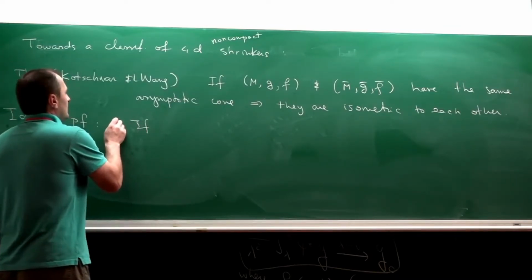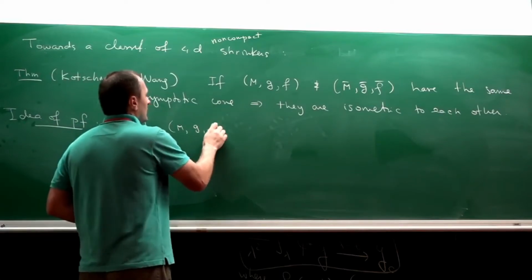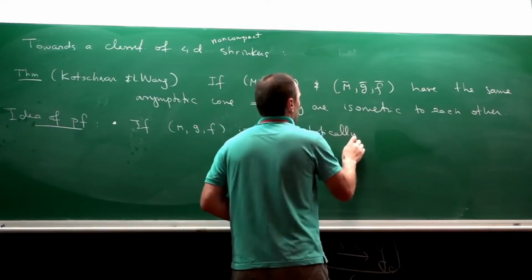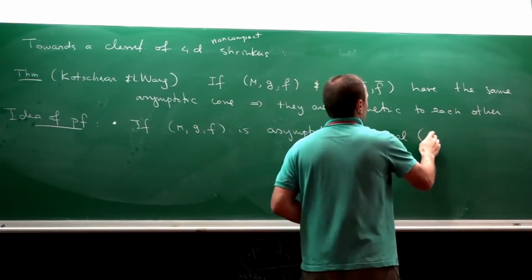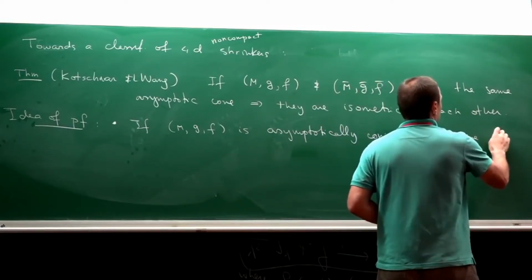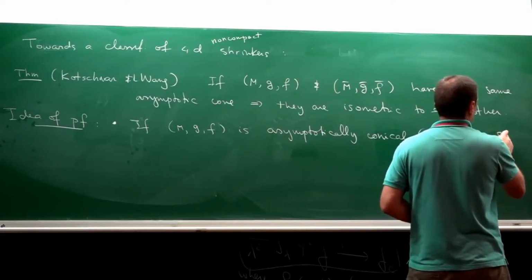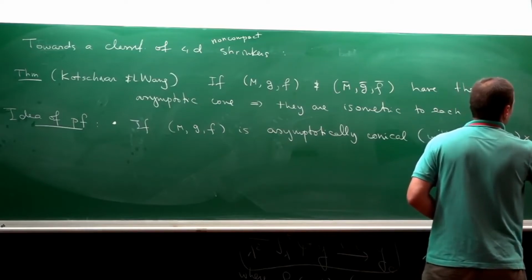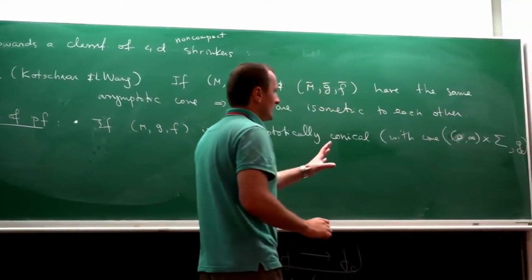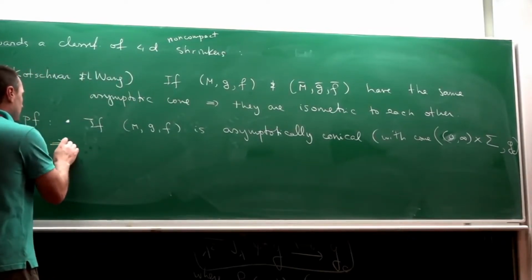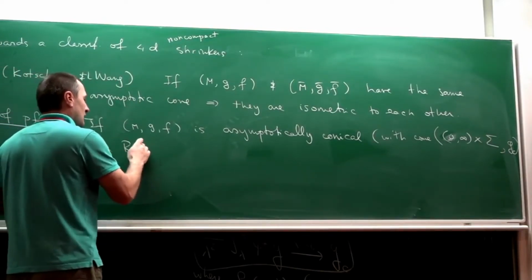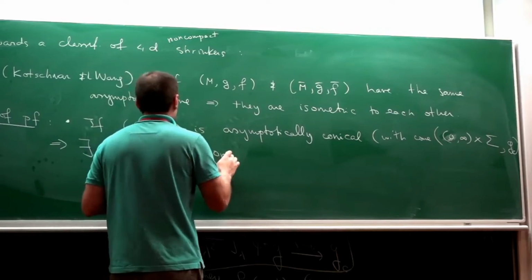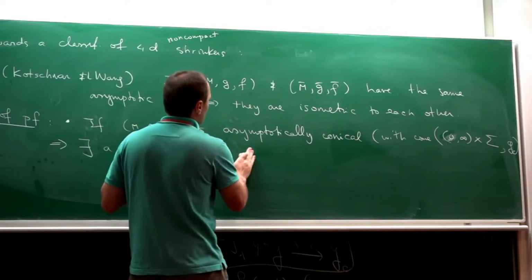So as a first step, if (M, g) is asymptotically conical, say with cone (0, infinity) product with Sigma and g_cone, so we know it's asymptotic to this cone, then there exists a Ricci flow, not necessarily on the whole manifold.